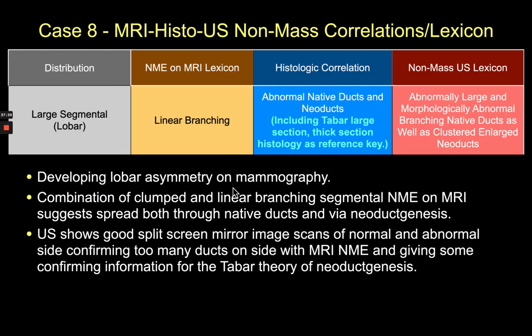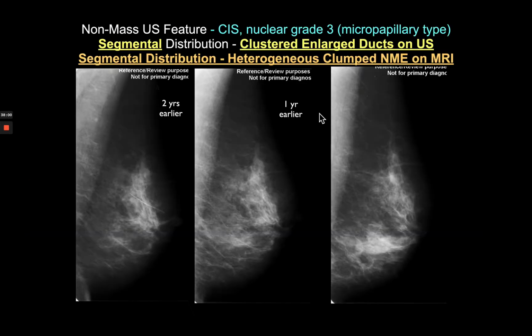Okay, another case. Large segmental distribution, linear branching on MRI, abnormally large and morphologically abnormal branching native ducts, as well as clustered neoducts. And what we're going to have is a combination of native ducts that are abnormally enlarged and morphologically abnormal together with neoducts.